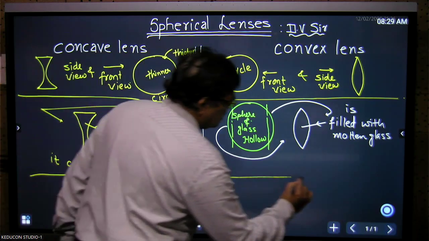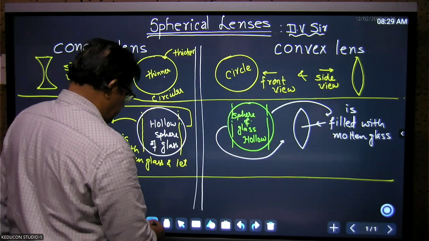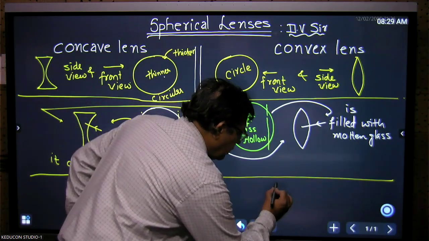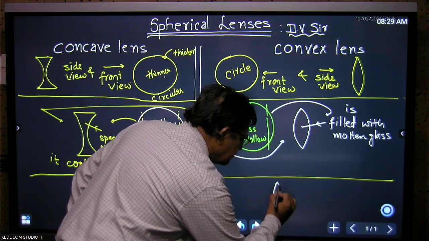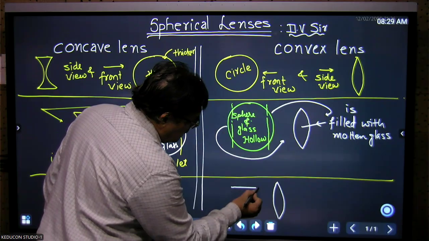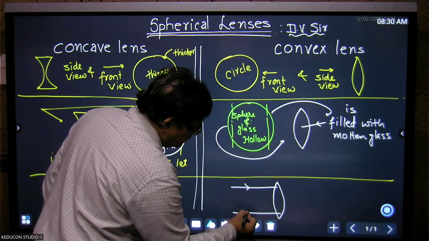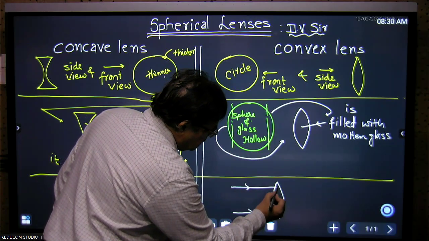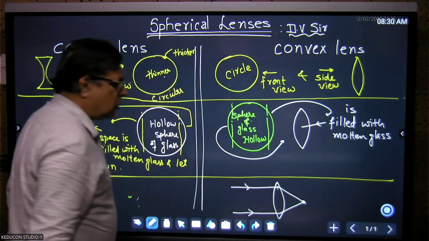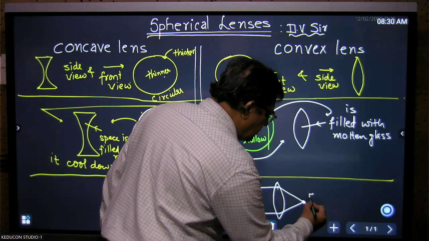Right? Let's talk about another thing. What is this? If I put the convex lens and throw a parallel beam of light on it, it has been found that parallel beam of light is focused by this lens on a single point, principal focus.